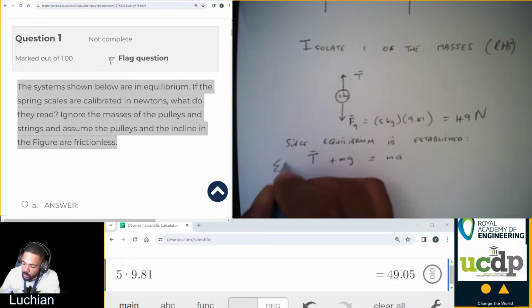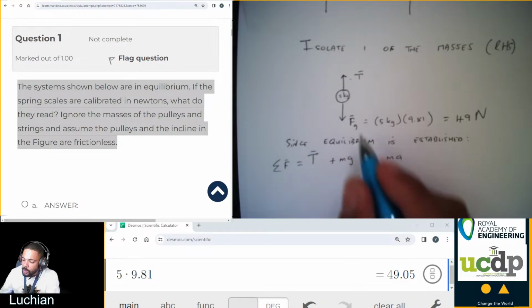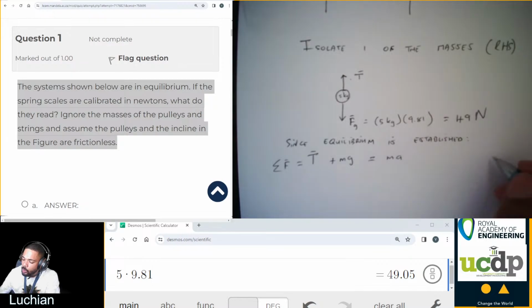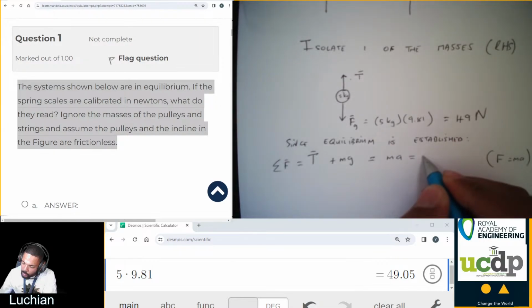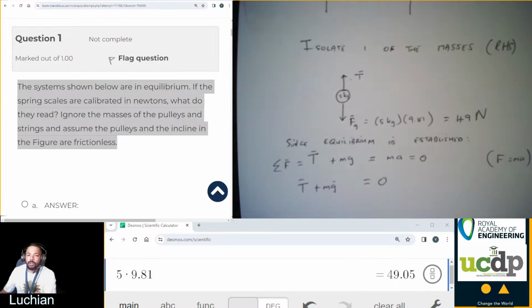This is basically saying the sum of all the forces is equal to the tension plus the force of gravity, because there are only two forces acting on this ball. That should equal the mass times the acceleration. Remember, F is equal to ma. Since this ball is not moving, its acceleration is 0, so the tension plus the force of gravity should be equal to 0.